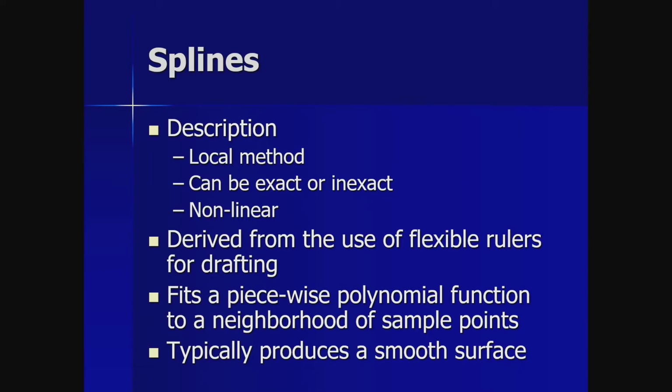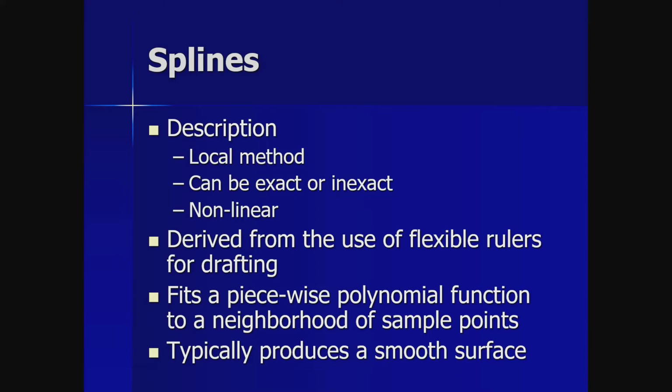All right, splines. A spline is derived from an old technique where cartographers and also CAD drawers would use actual flexible rulers to make curved lines on the paper. So it fits a piecewise polynomial function.